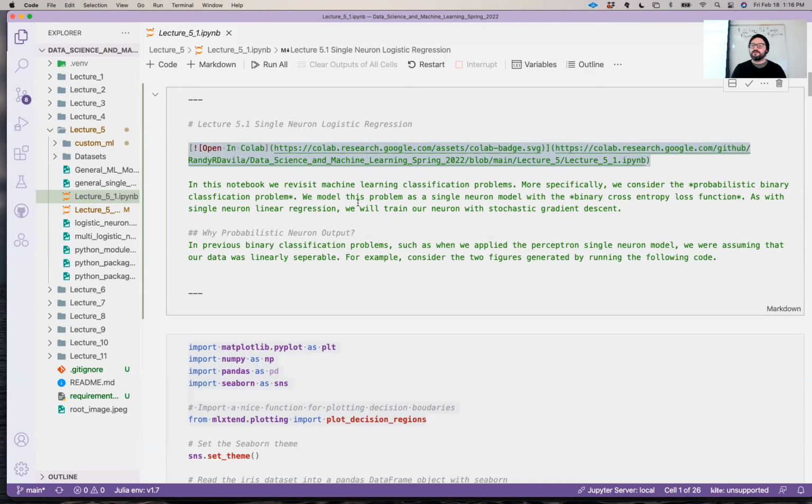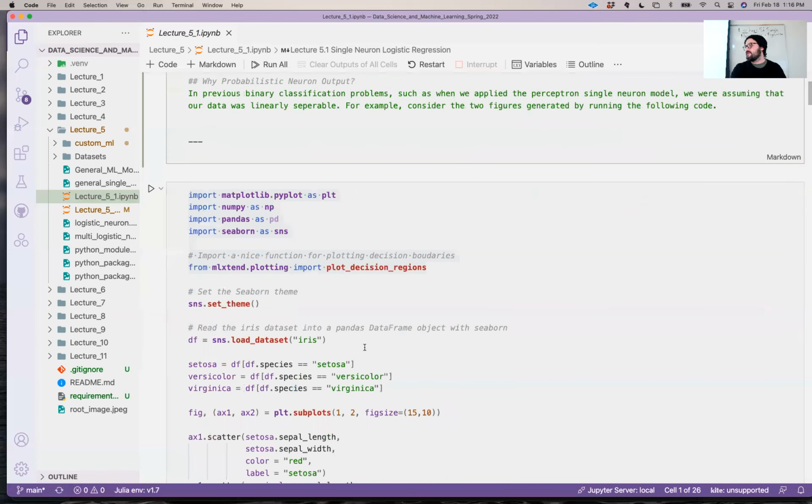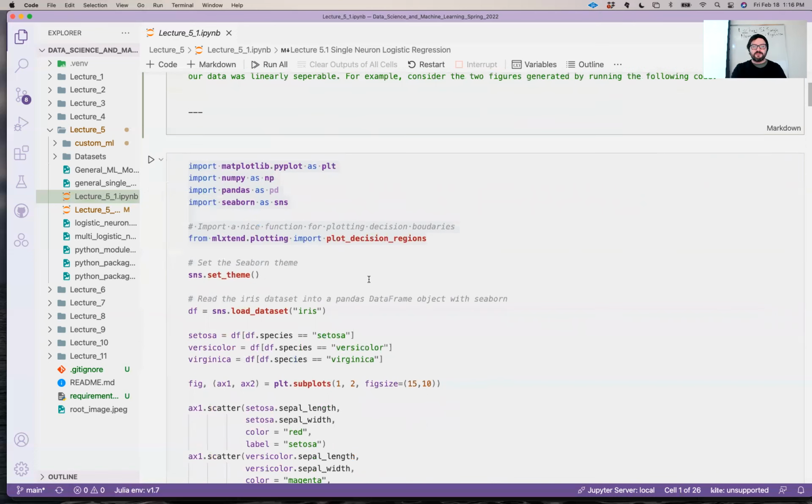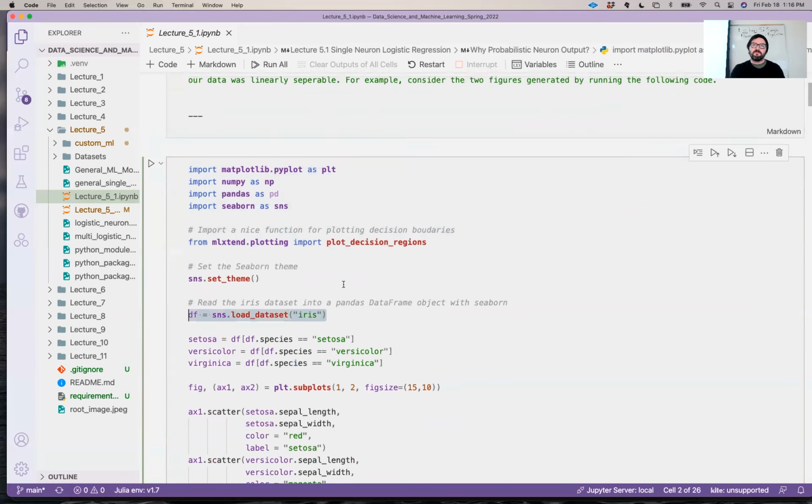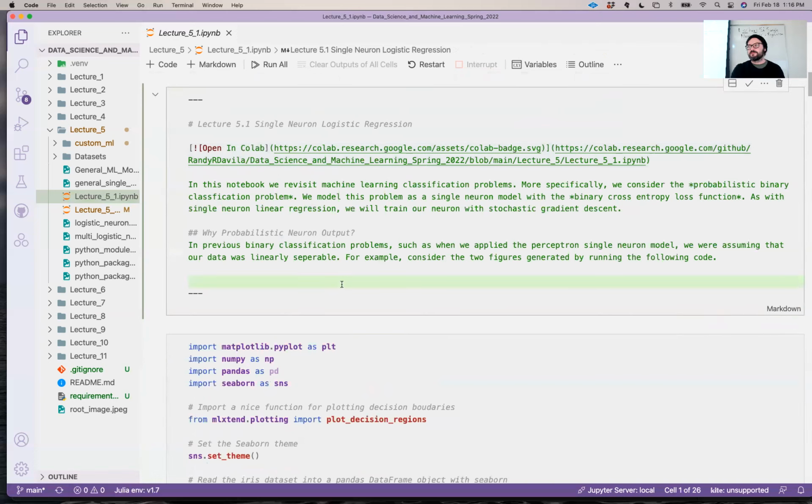So you'll notice that in today's lecture, I'm using the iris data set again, but this time I use a library to load it instead of reading it from disk on my machine. I'll make a video or describe in class one day how to host data on Colab.